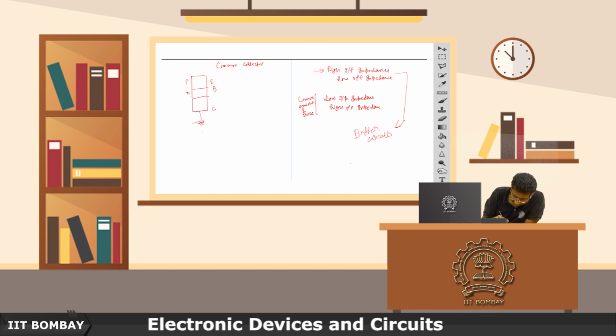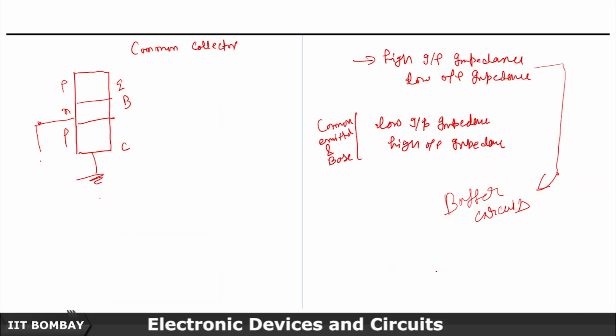I am considering the case of P N P. Okay. So, here this is going to be connected with the negative terminal, and this is going to be connected with the positive terminal.